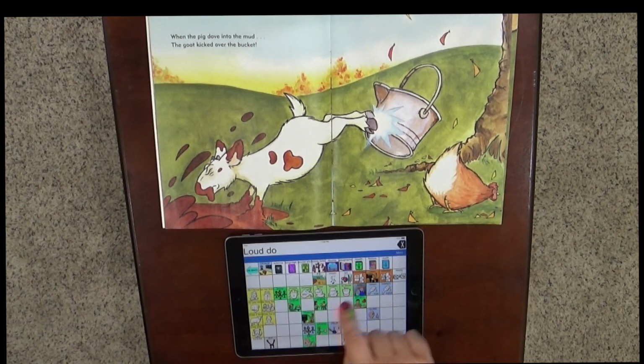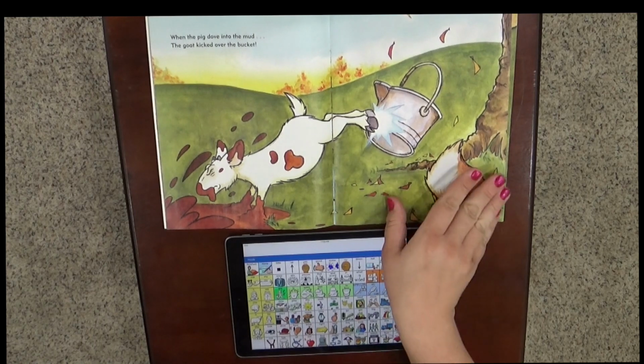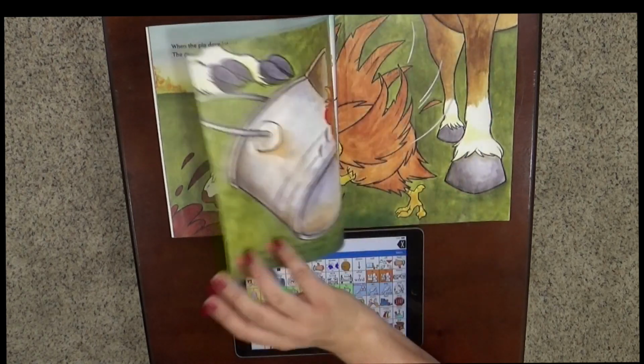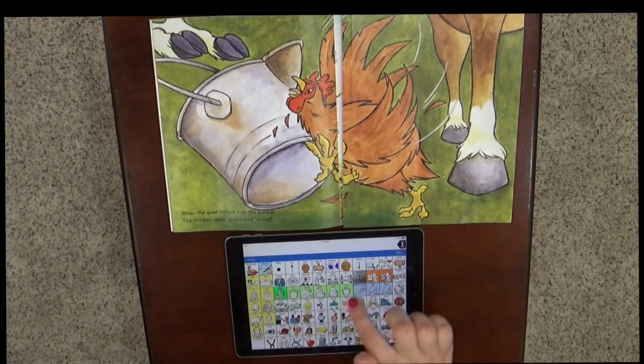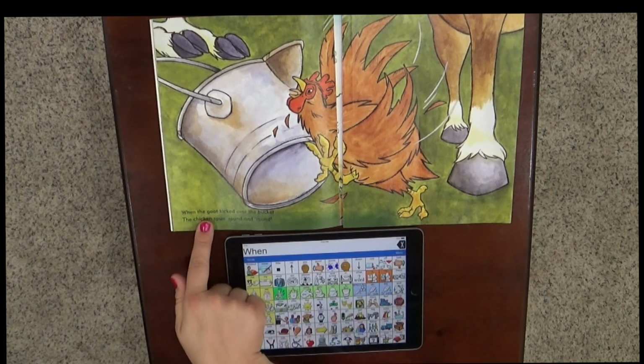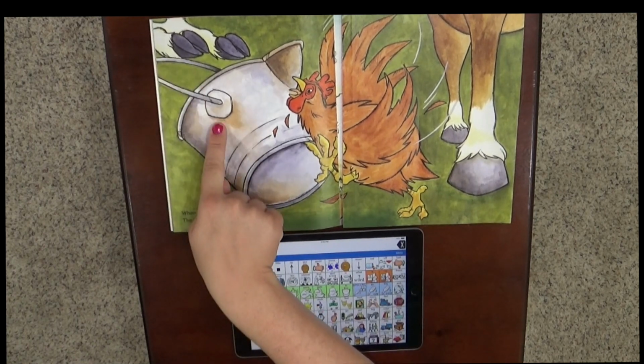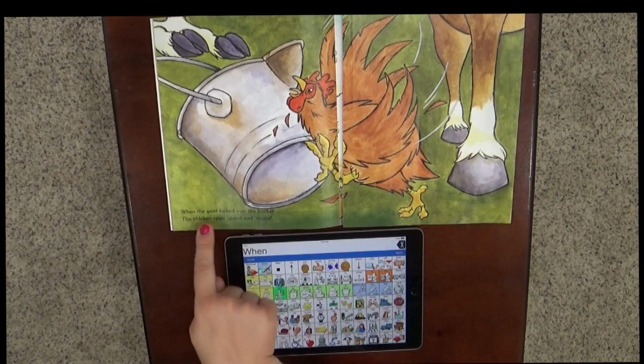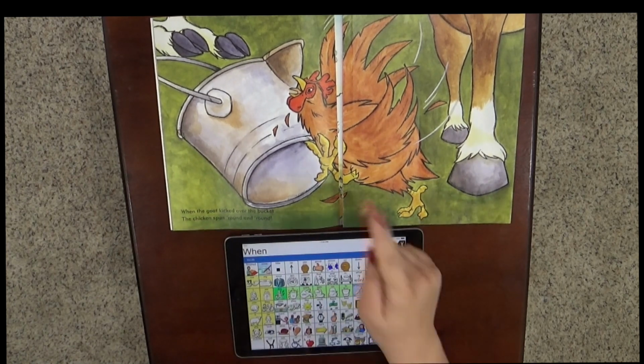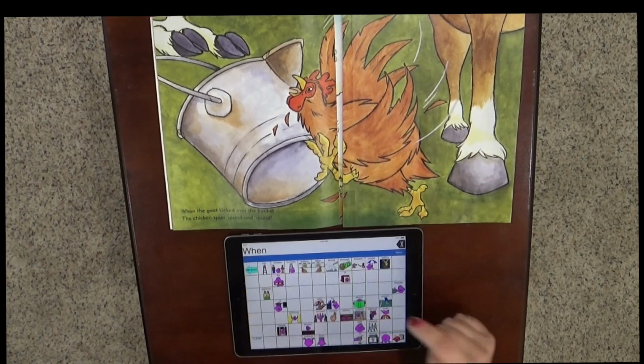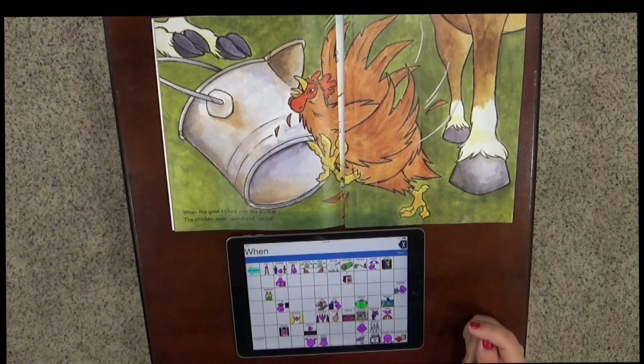We have a new animal. When the goat kicked over the bucket, the chicken spun around and around. Look at that. That chicken's going around in a circle.